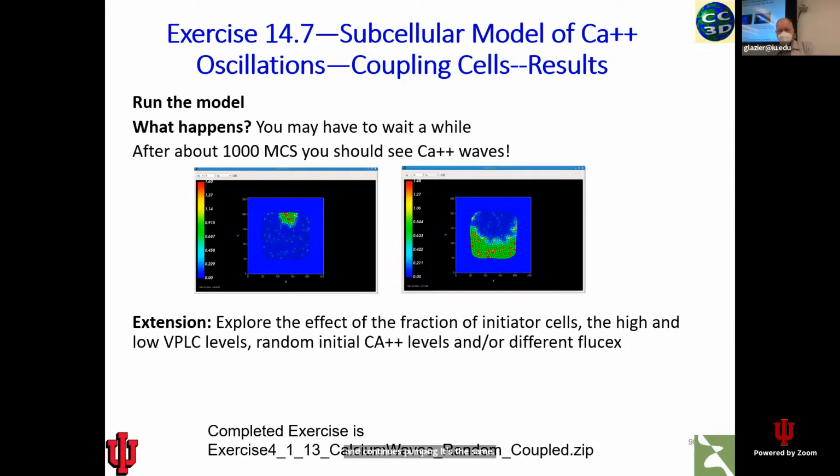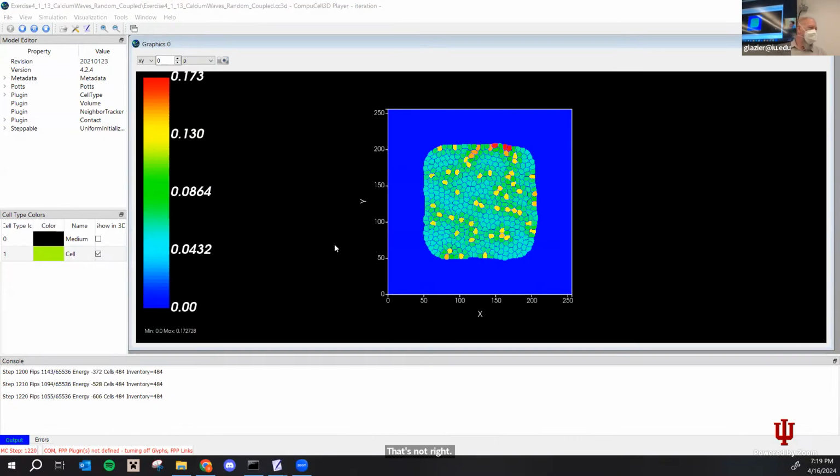Okay, Alex, did it work? Did it ever spike for you? Yeah, it is. Great. Okay. So we have to wait. It'll be about 2,000. So you see P is high in those couple of cells.